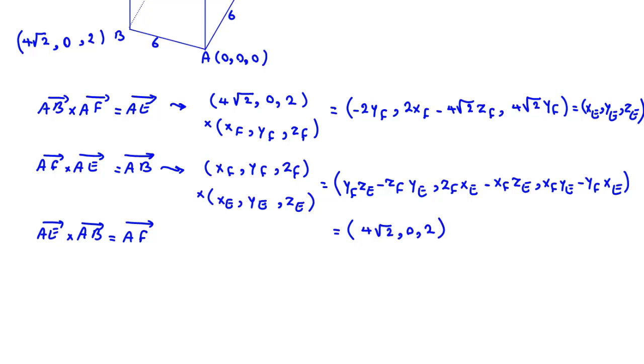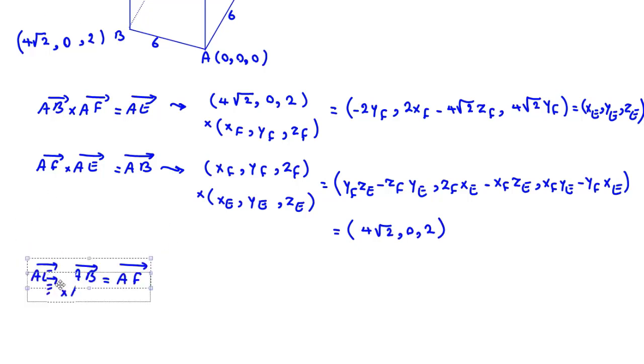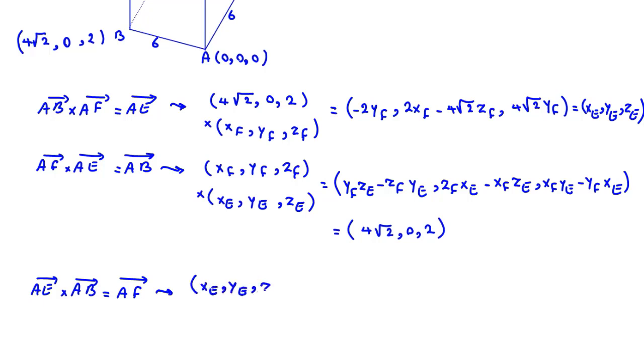The last part that is left: AE, which is (XE, YE, ZE), cross product AB, which is (4√2, 0, 2).